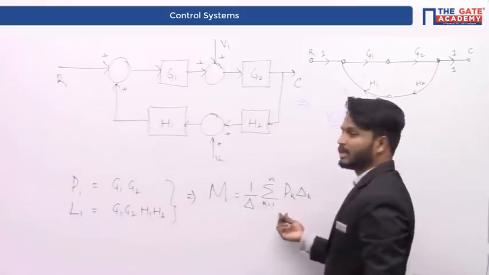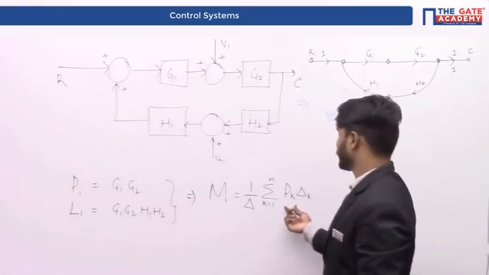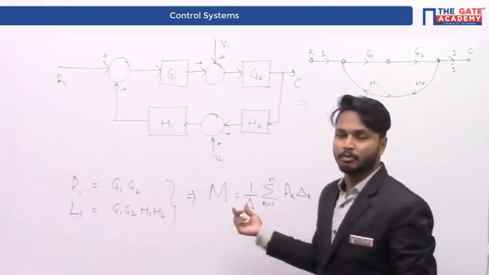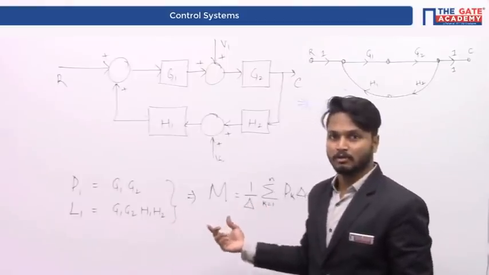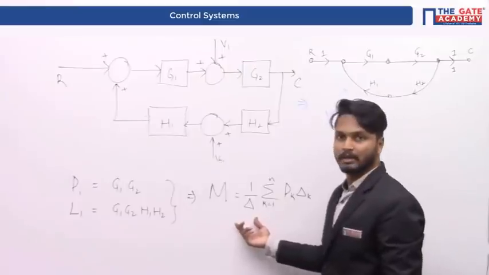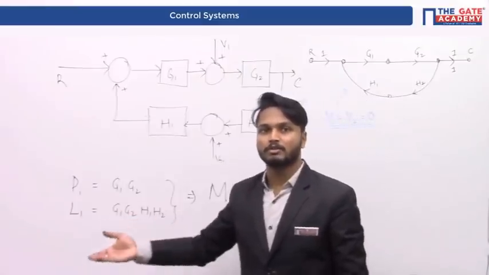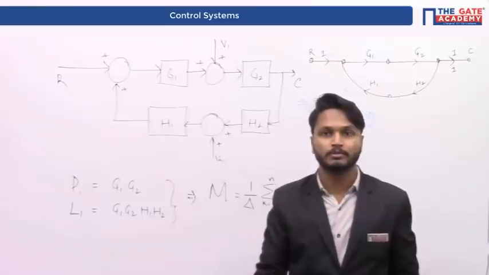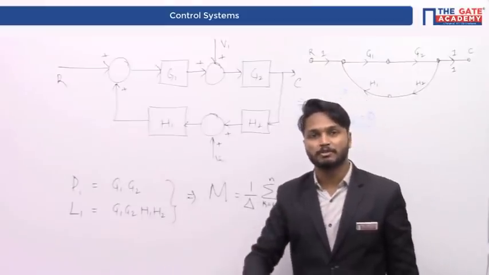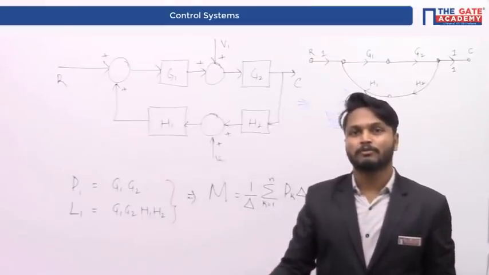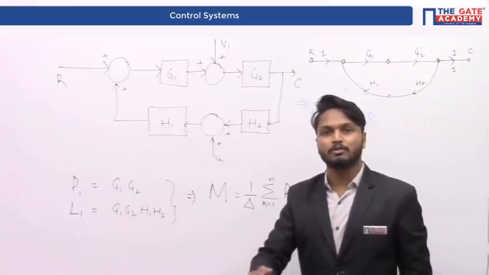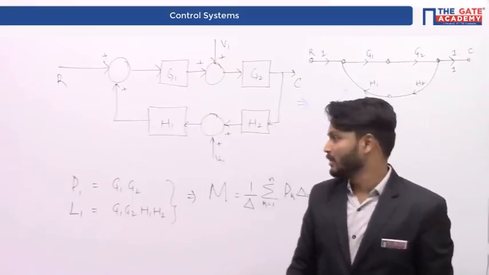Pk corresponds to that particular forward path. If it is the first forward path, it is P1. If it is the second forward path, it is P2. You already know this. And delta you calculate by 1 minus summation of all the loop gains of individual loops plus summation of product of two non-touching loops taken two at a time, right?